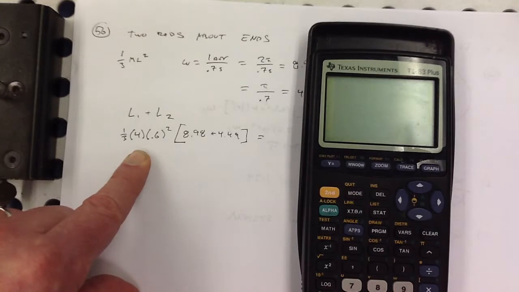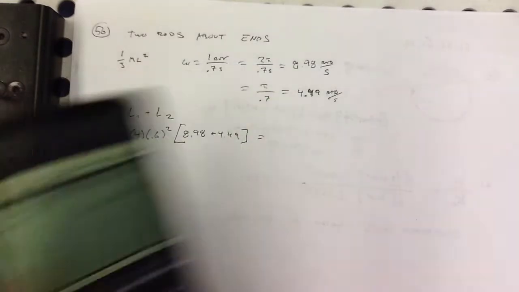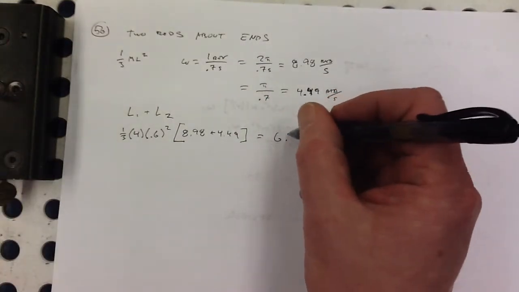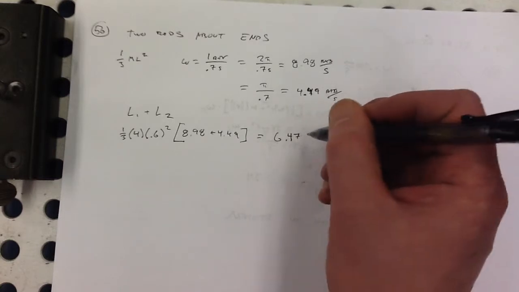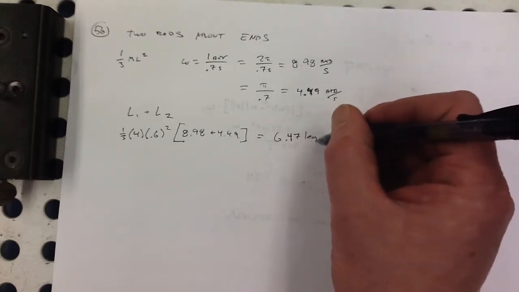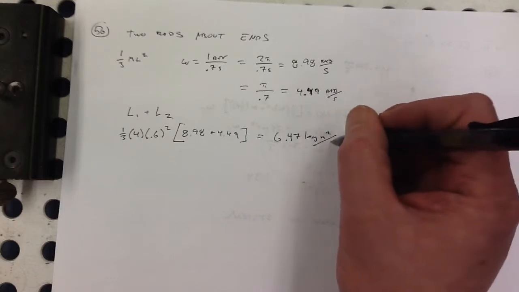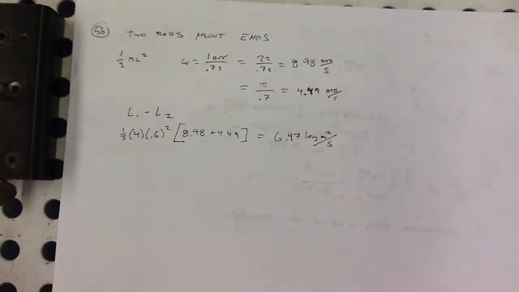Kind of a gory way of describing a human being's arms, but 4 times 0.6 squared times 8.98 plus 4.49. So 6.47 kilogram meters squared per second. That's the total angular momentum of the two arms.